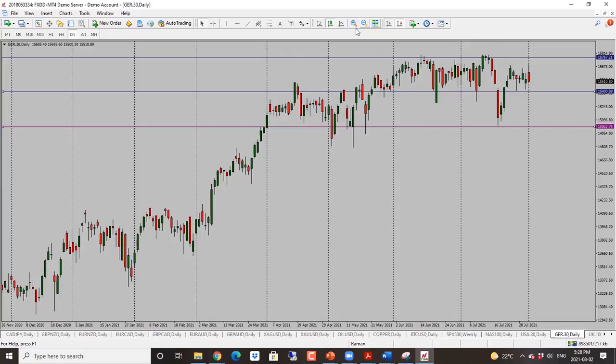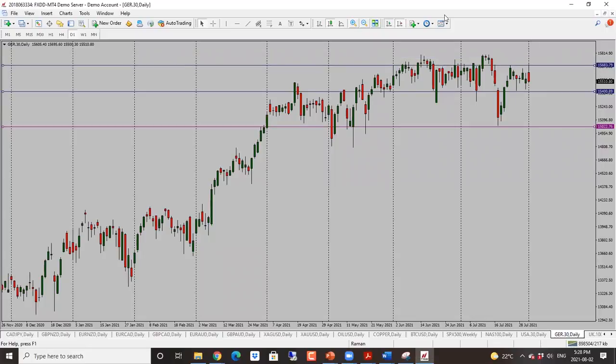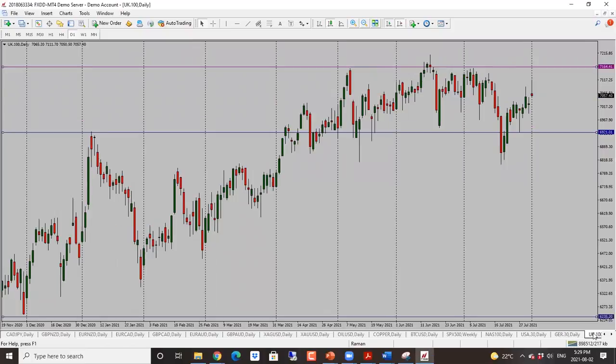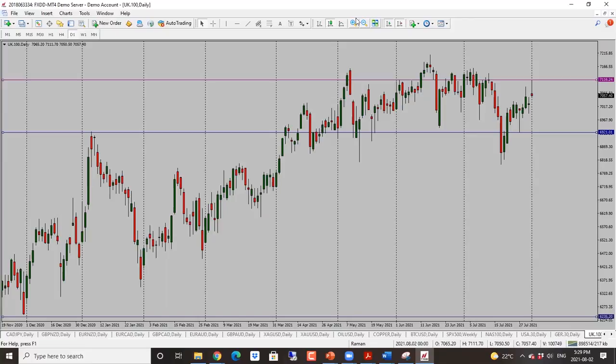DAX, this one has also rejected the resistance level here. We have a nice bearish candle close for the day. So looking for price to drop into 15,400. So bearish bias here for DAX. FTSE here, FTSE looks bearish as well.